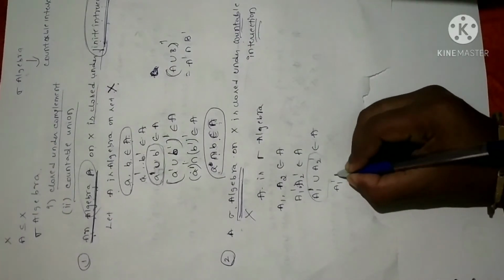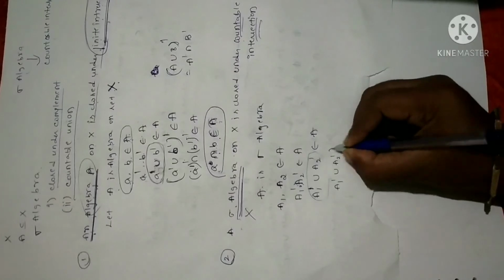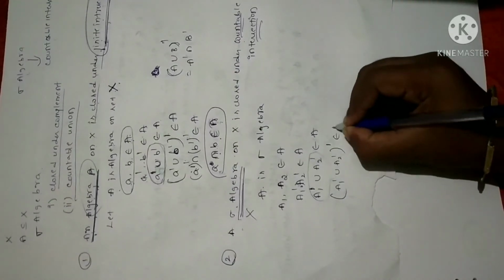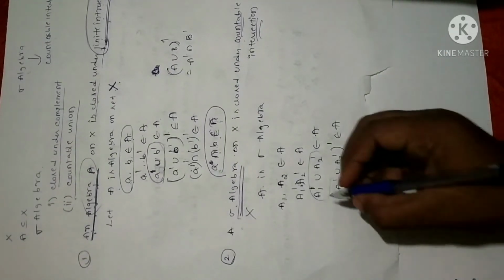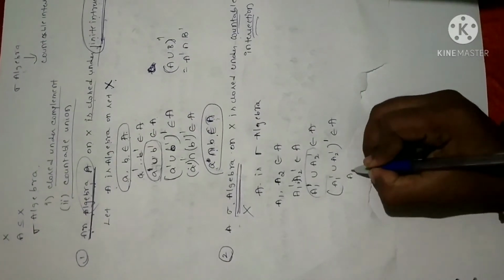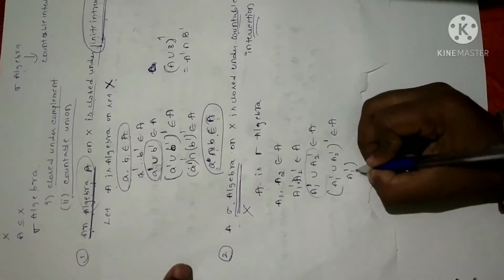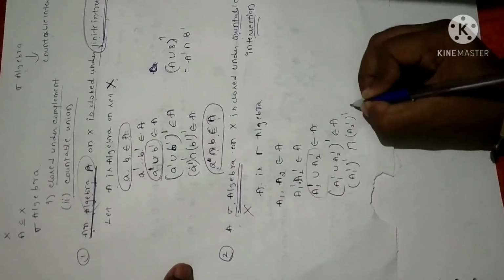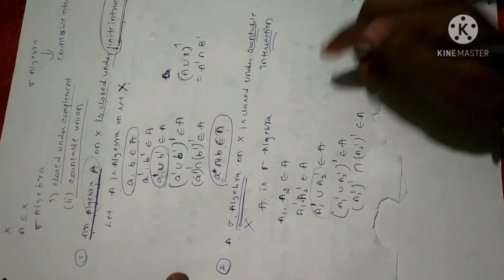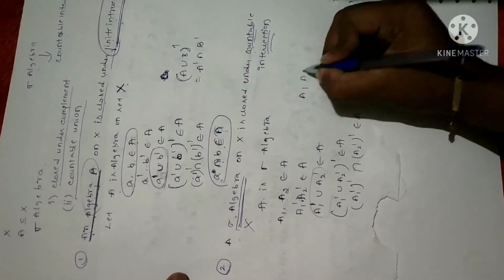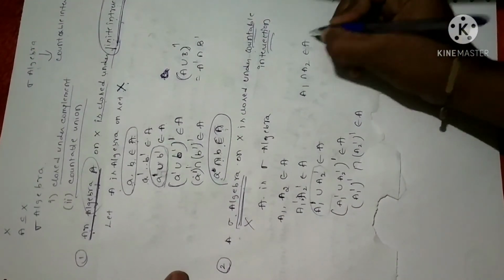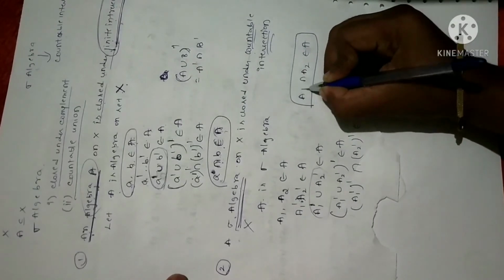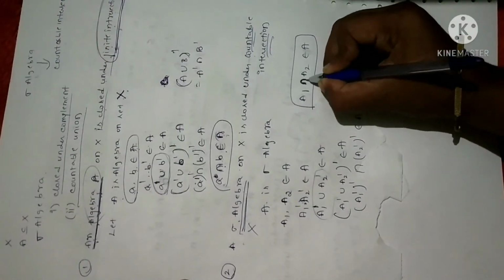So I can write (A1 complement union A2 complement) whole complement is also in the given set. Now apply De Morgan's theorem. So you will get (A1 complement) whole complement intersection (A2 complement) whole complement belongs to A. So what does it become? A1 intersection A2 belongs to A. In the sense, it is closed under countable intersection.